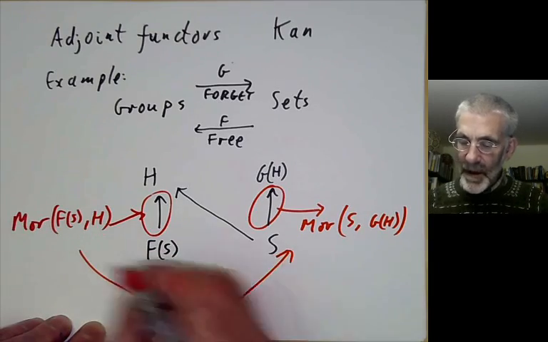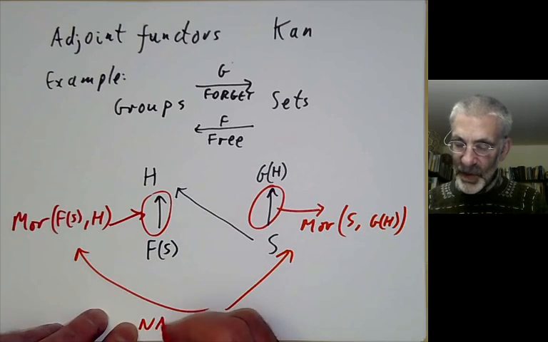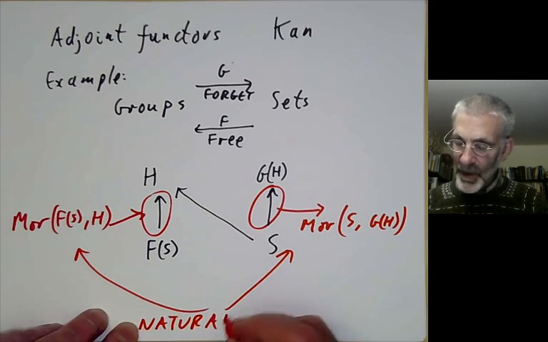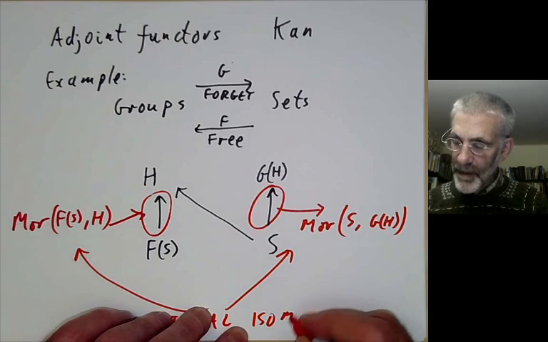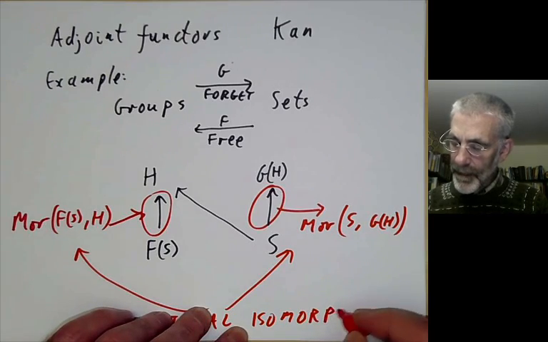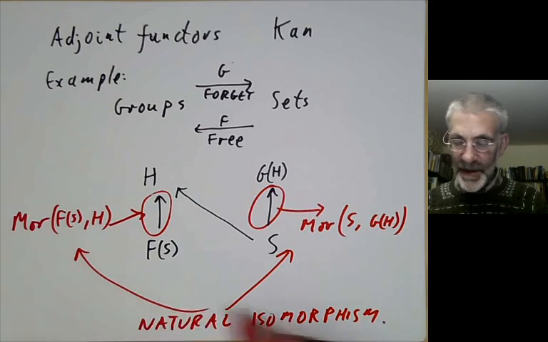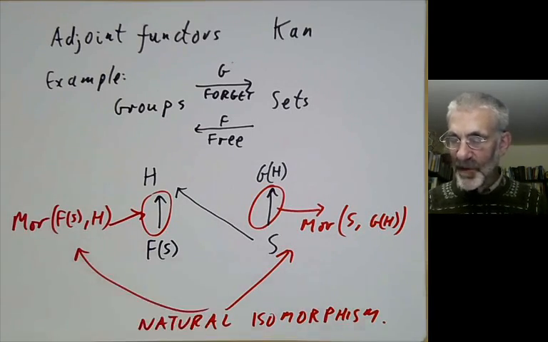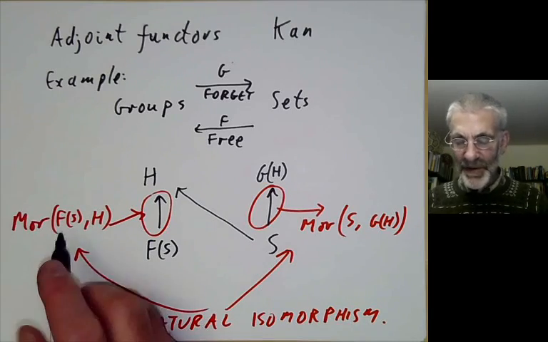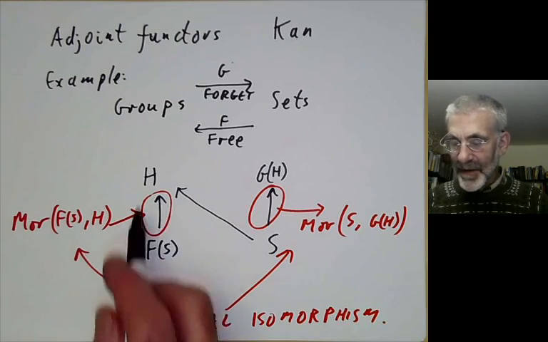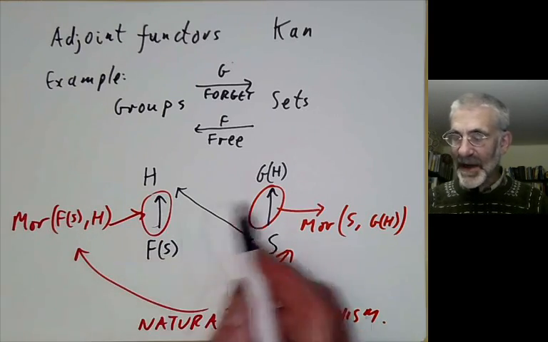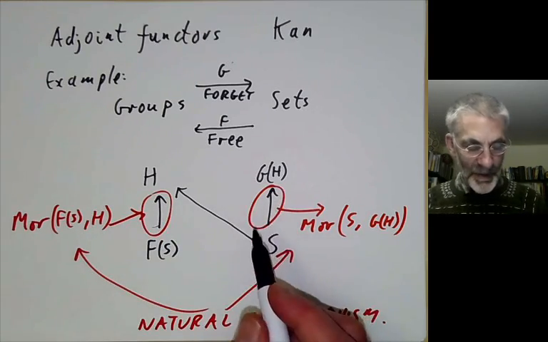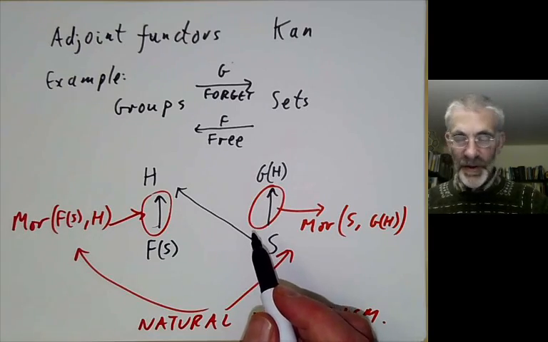And what we have is a natural isomorphism between these two functors. I'll recall what a natural isomorphism means in a moment, but informally you can just think of it as the morphisms here being identified with the morphisms in that direction.